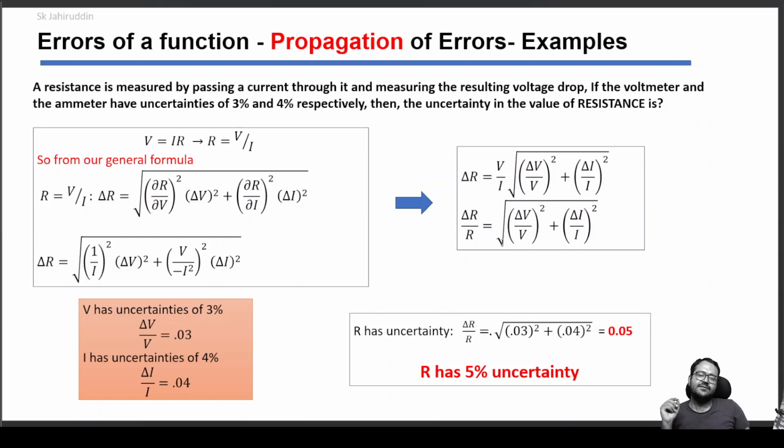A resistance is measured by passing a current through it and measuring the resulting voltage drop. That means we are measuring a resistance, R. We pass a current and measure the resulting voltage drop.